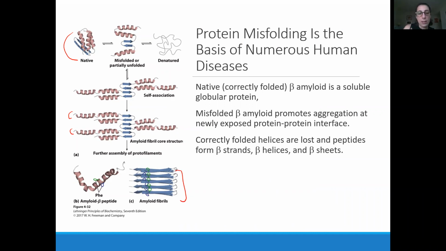And the correctly folded helices, all of the original alpha helices that were present in the beta amyloid structure, are actually lost and they form instead these large beta strands and what we call beta helices. So they're beta sheets that are wrapped around each other. When this occurs, you get these large fibril structures.